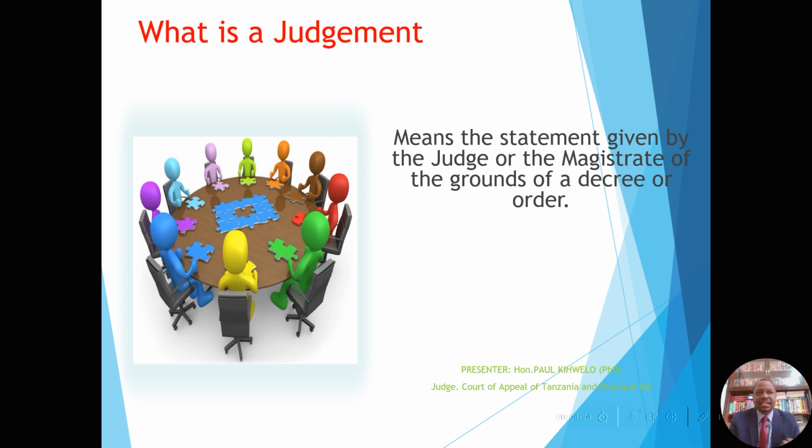So there is a decision. You arrive at a conclusion in the course of examination of your case, and of course we all know that in a civil case, normally the outcome is the decree or an order. So the reason of how you arrived at issuing that decree, or how you arrived at a given decision, even if it's a criminal case.